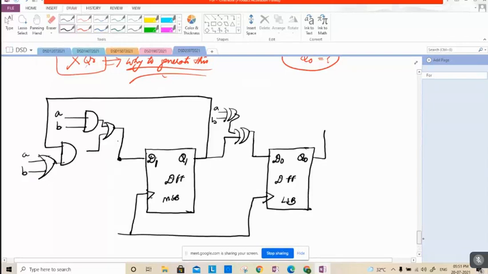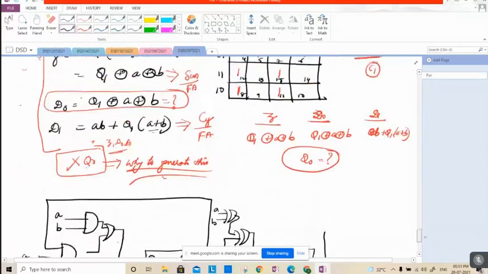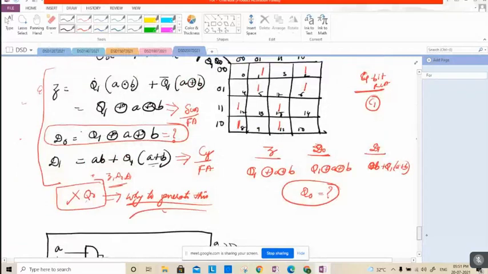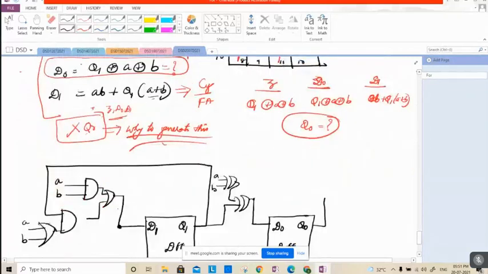What is Z? Same, sir, D0. This is also Z. Z is equal to Q1 XOR A XOR B. Next, I'll generate the carry from this particular point.